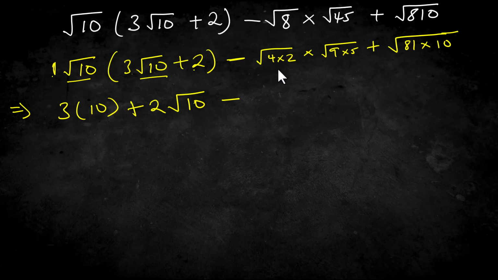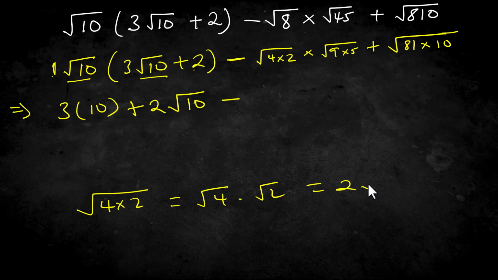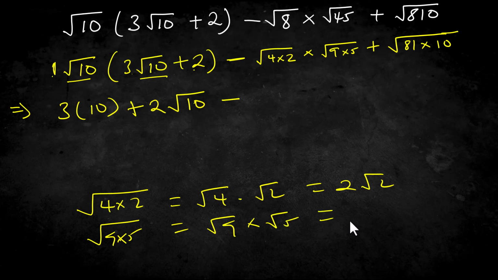Minus, so this side, we're given 4 times 2 is the same as root 4 with root 2, and this side will be 2 root 2. Then 9 times 5 will be root 9 with root 5, so we have 3 root 5.